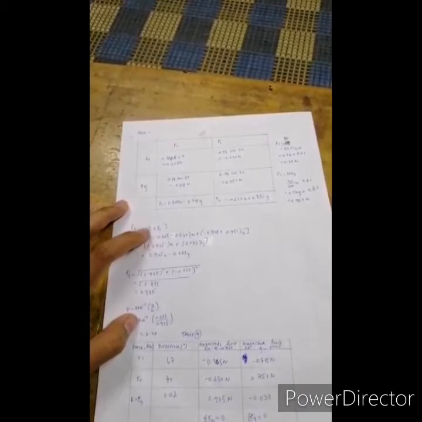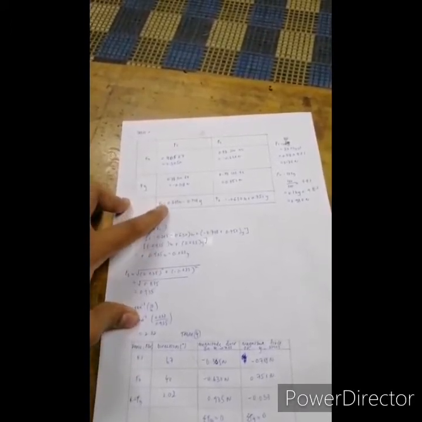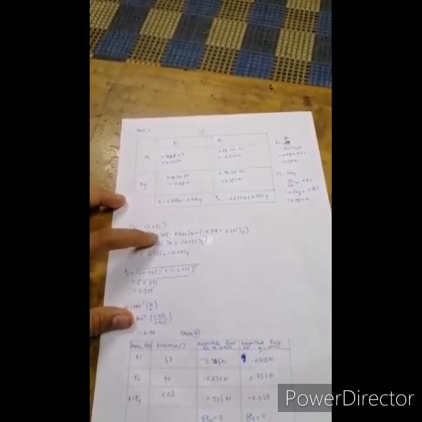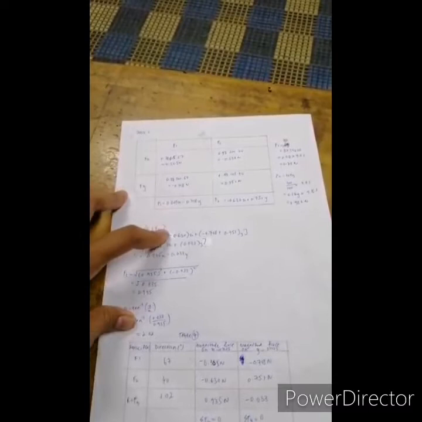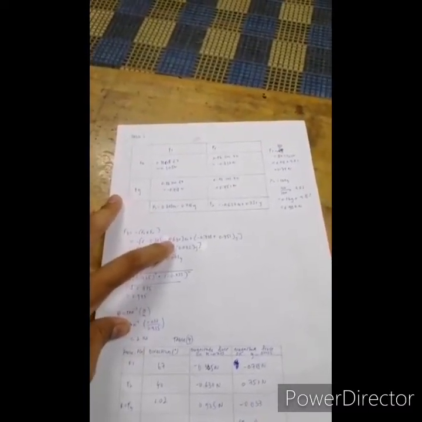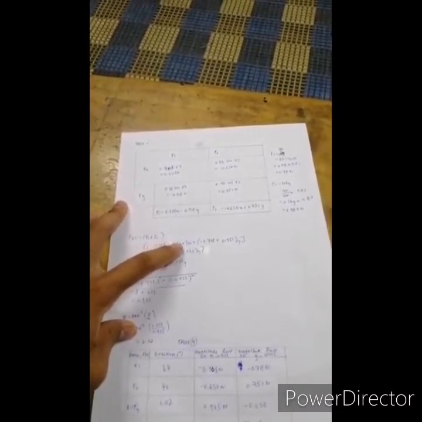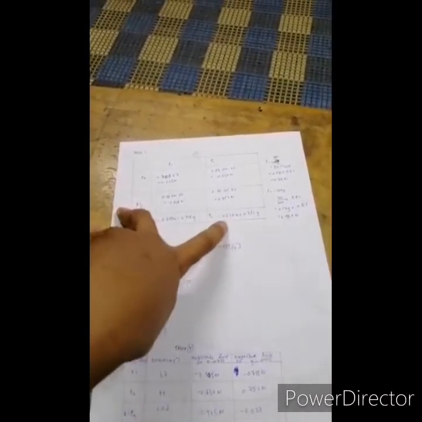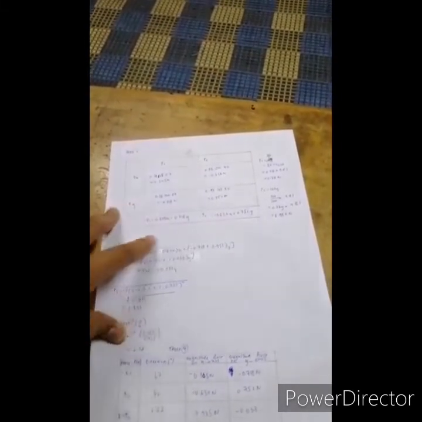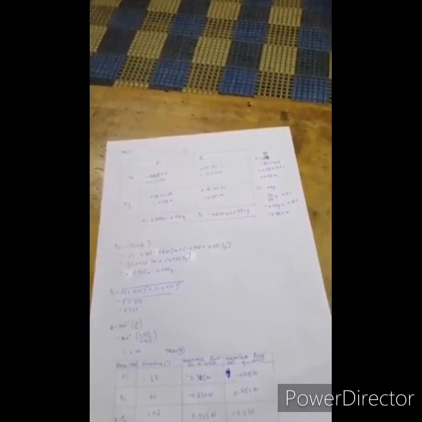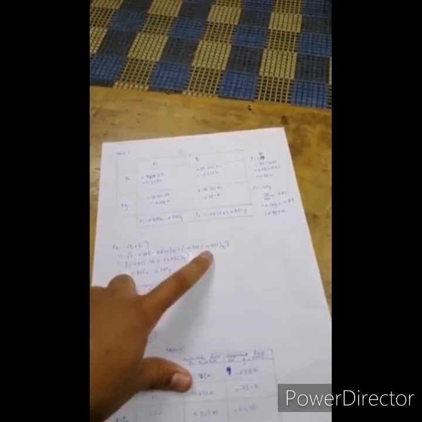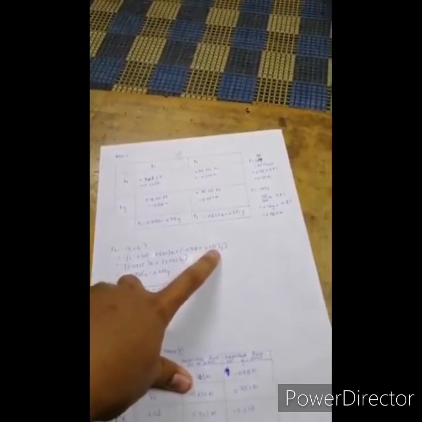Referring from the table, x: negative 0.305 minus 0.630, negative 0.630 x, plus bracket negative 0.718 plus 0.751 y.